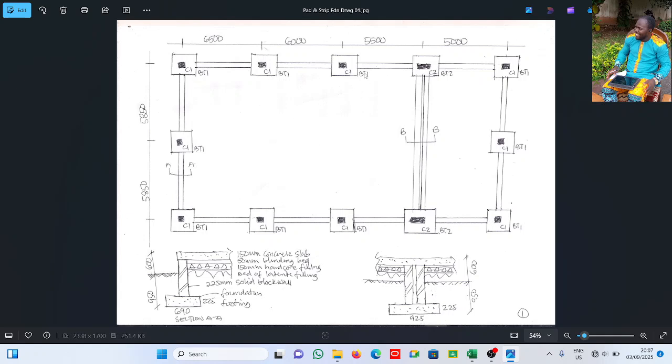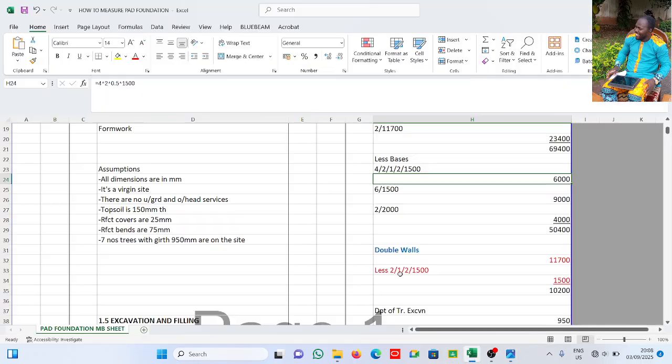So 1, 2, 3, 4, 5, 6, and then 1, 2. So this is 1, 5, 1, 2, 3, 4, 5, 6. That's 6 by 1,500, and then here 2 by 2,000. Now let us see it here. 6 by 1,500. That gives me 9,000. Then 2 by 2,000.